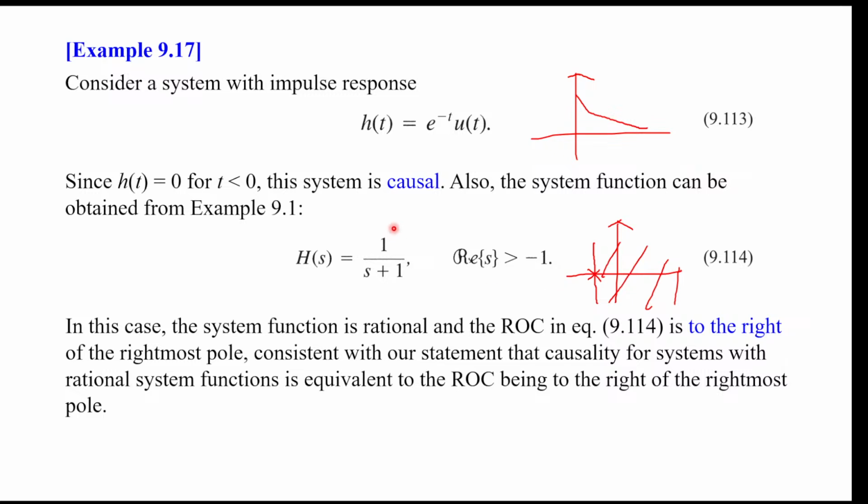And with the ROC being right-sided, so real part of s greater than minus 1, and the ROC is right-sided. And so indeed we see that this is a causal signal, so small h of t only has a value when t is greater than 0. And big H of s is right-sided and rational, so everything checks out. Okay?